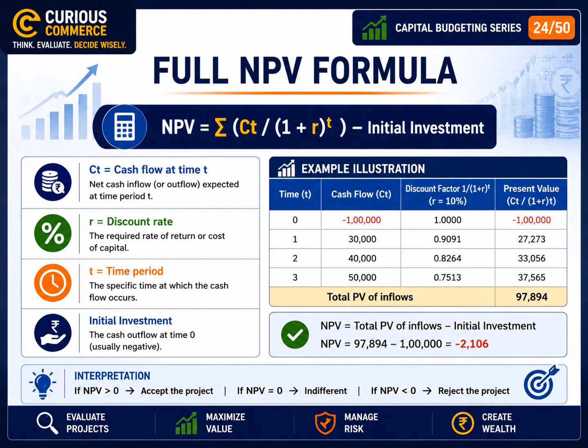At first glance, students get scared because it looks mathematical. But don't worry, we will simply understand this formula step by step. This formula has four important parts: one is the Ct, r, t, and initial investment.